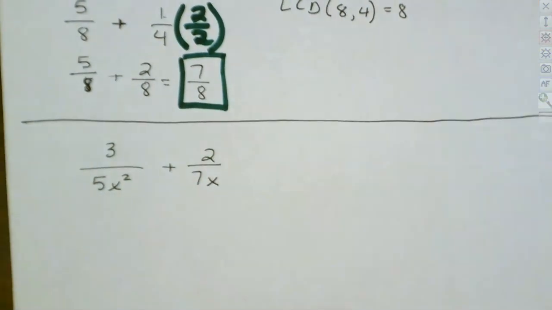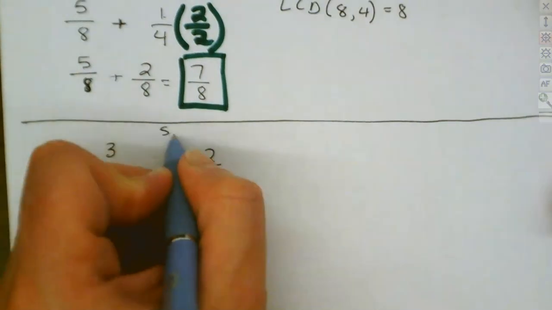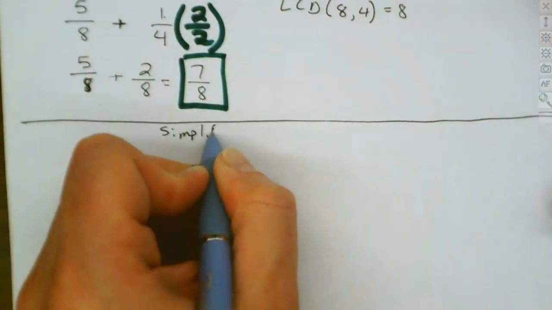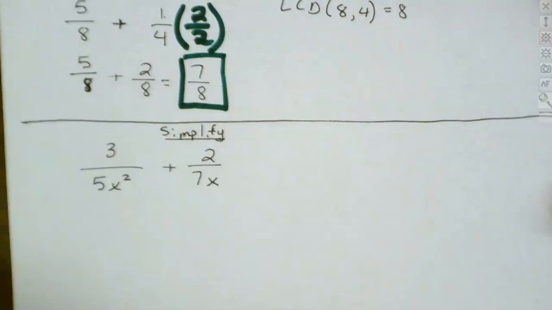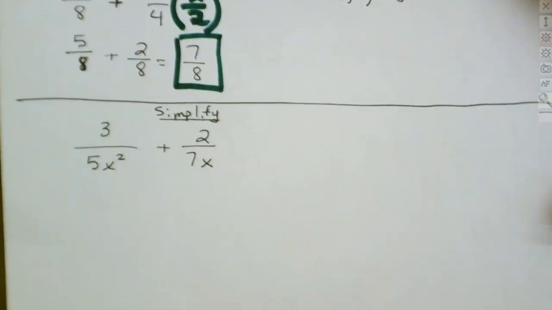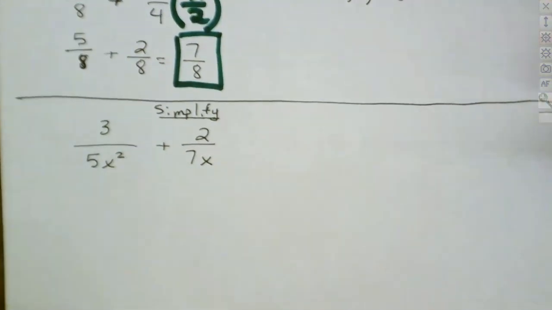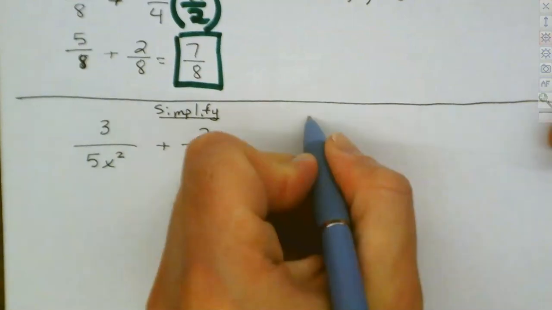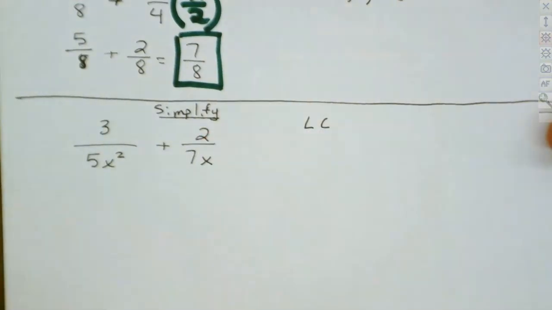Okay, so we want to simplify this down. Now we have numbers and we have variables. So I always like to just start with the easier part first, so we'll do the numbers. Numbers are usually easier than the variables in a lot of cases.